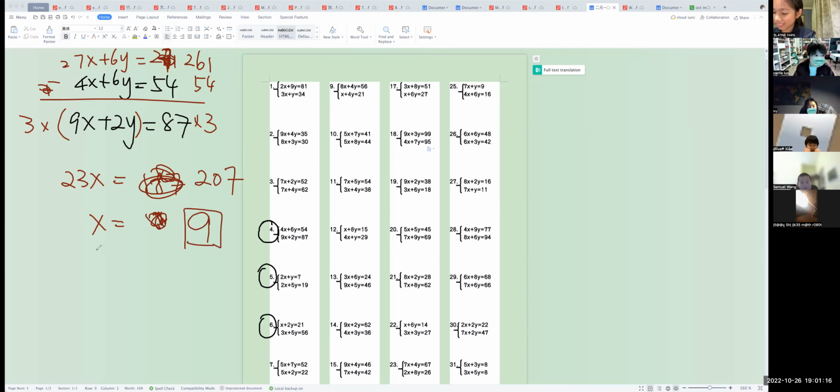X equals 9 and y equals, I'm sorry, so it's 36 plus 6y equals 54. 6y equals 18, so y equals 3. So the answer is 9 and 3.